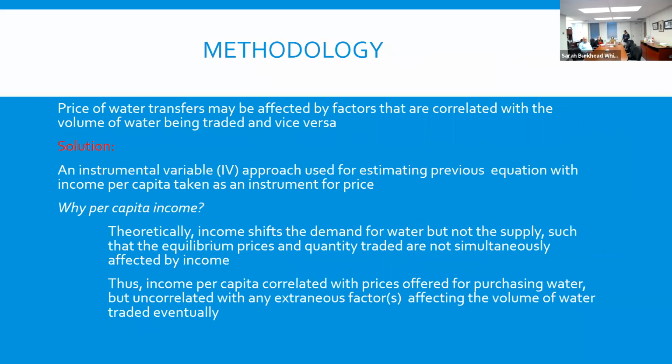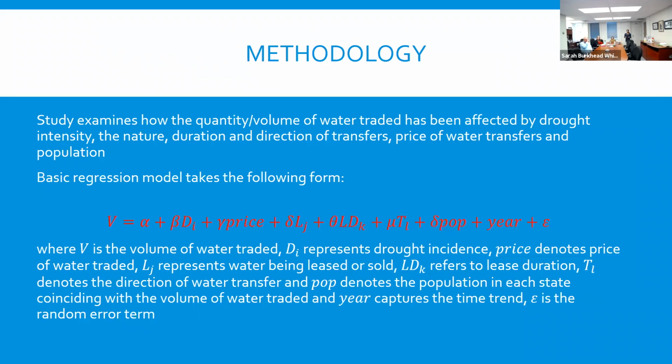Okay, so the problem is this. I will go back here. As I just explained, price and quantity is a demand model, right? If you have higher quantity of water being sold, the price of water has to go up, and vice versa.